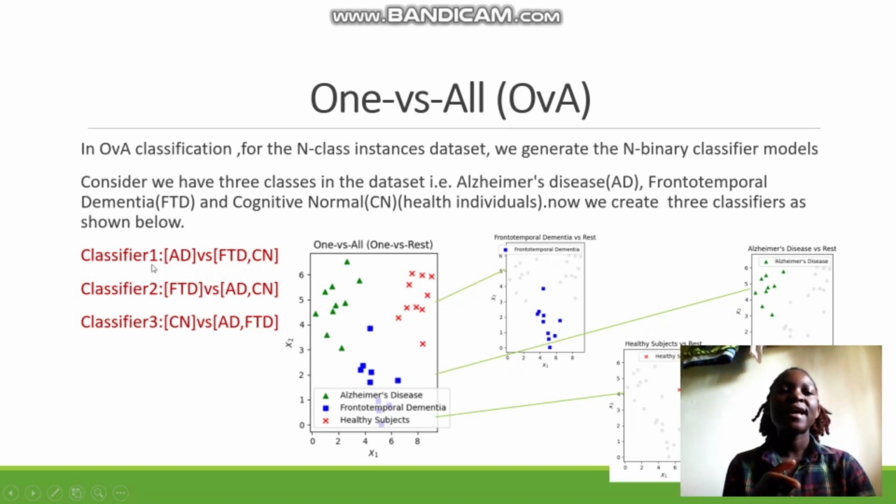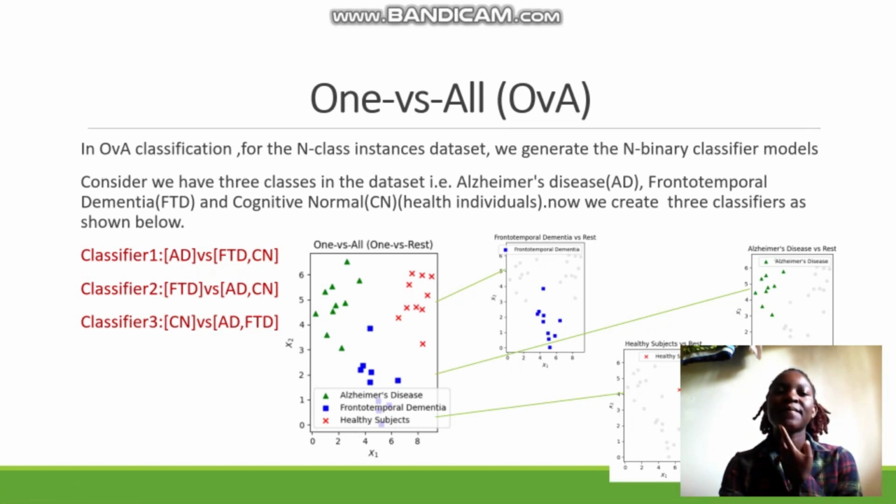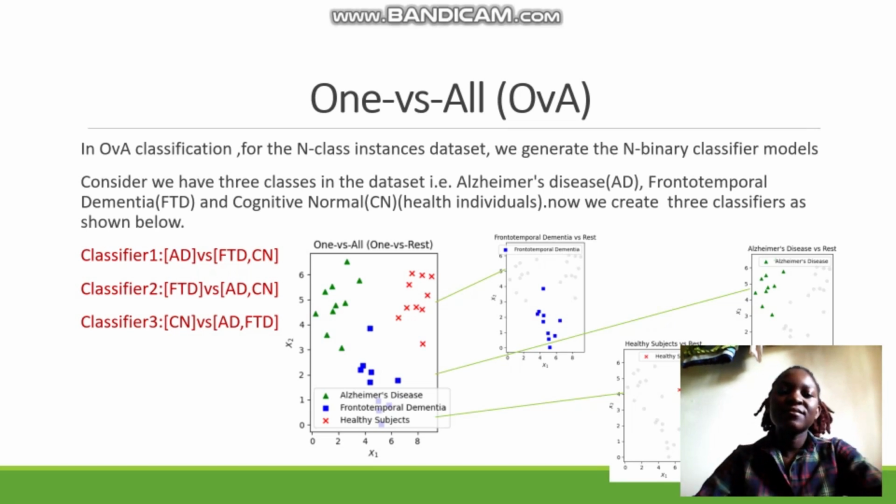So we have 3 classes, so we are creating 3 binary classifier models. Each classifier distinguishes one class from the rest. This is now our main data set with the 3 classes: Alzheimer's disease, frontotemporal dementia, and the healthy individuals.